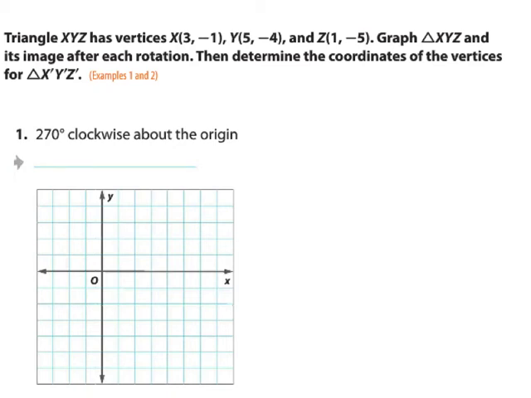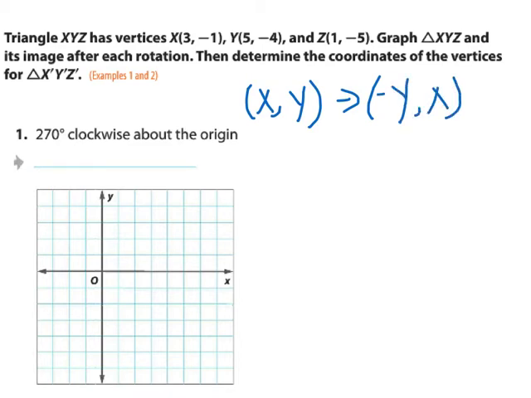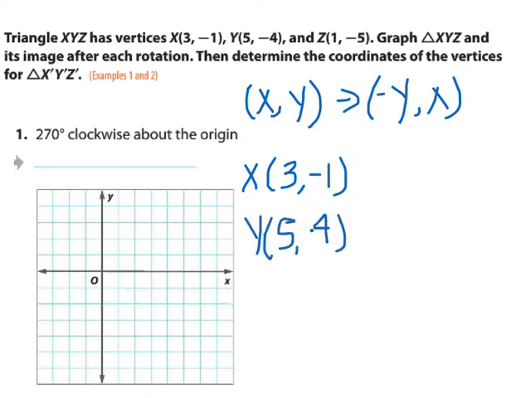Okay, on this one, we're going to rotate it 270 degrees. So 270 degrees algebraically looks like x comma y. And then the x and the y switch, but y is multiplied by -1. For 90 degrees, the x was multiplied by -1. So we have X at 3, -1, Y at 5, -4, and Z at 1, -5.